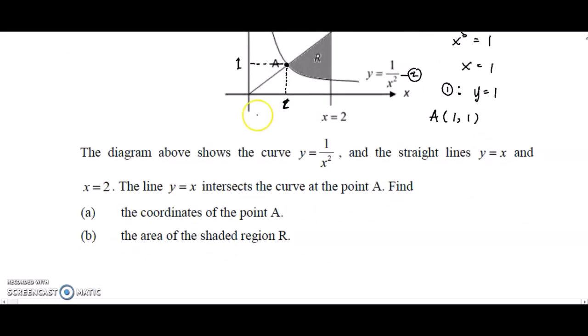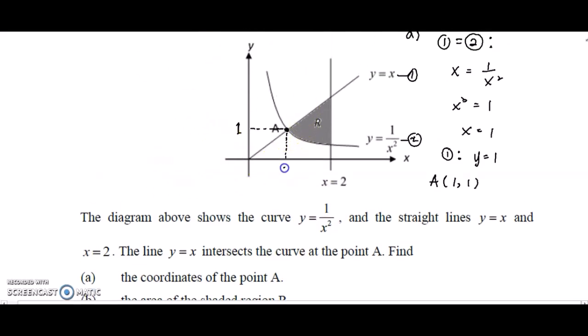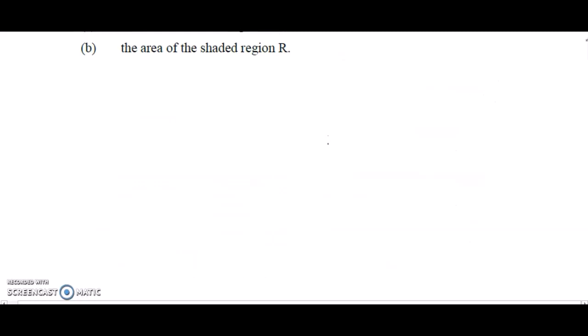We are going to find the area of the shaded region. So for this shaded region, we already know the coordinate. This is the 1. So we know the lower limit will be 1 until 2. And at this shaded region, we can see that the top function will be the straight line, and the lower function will be the curve. So now to integrate this to find the area, we just integrate using the top function minus the lower function.